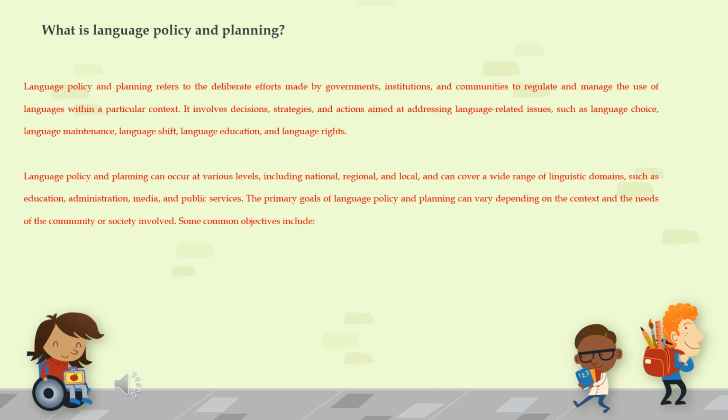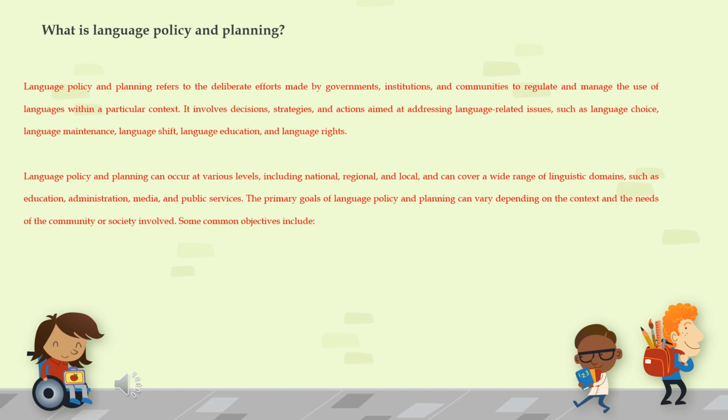First, what do language policy and planning mean? Language policy and planning refers to the deliberate efforts made by governments, institutions, and committees to regulate and manage the use of language within a particular context.